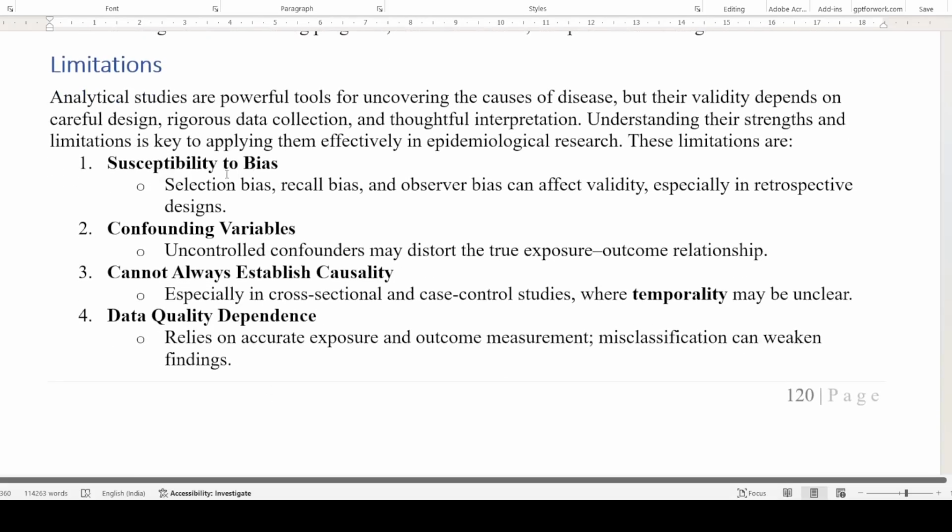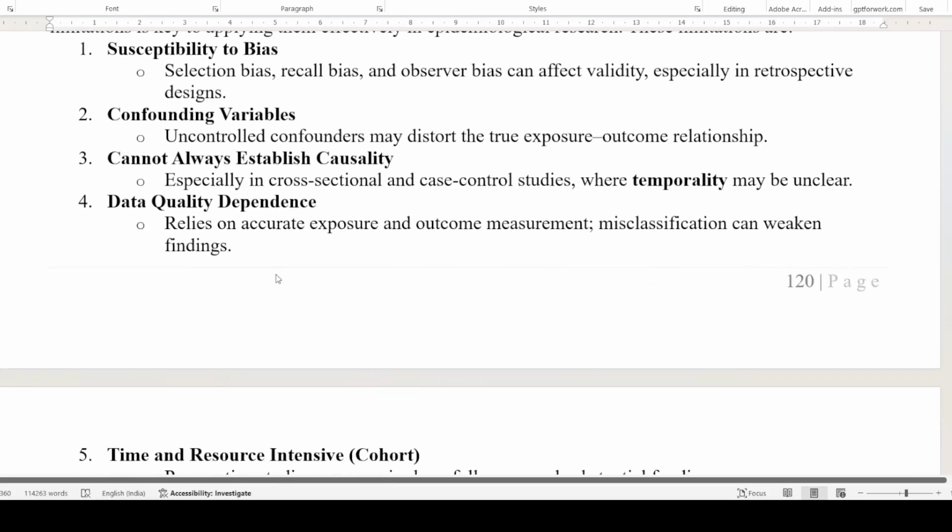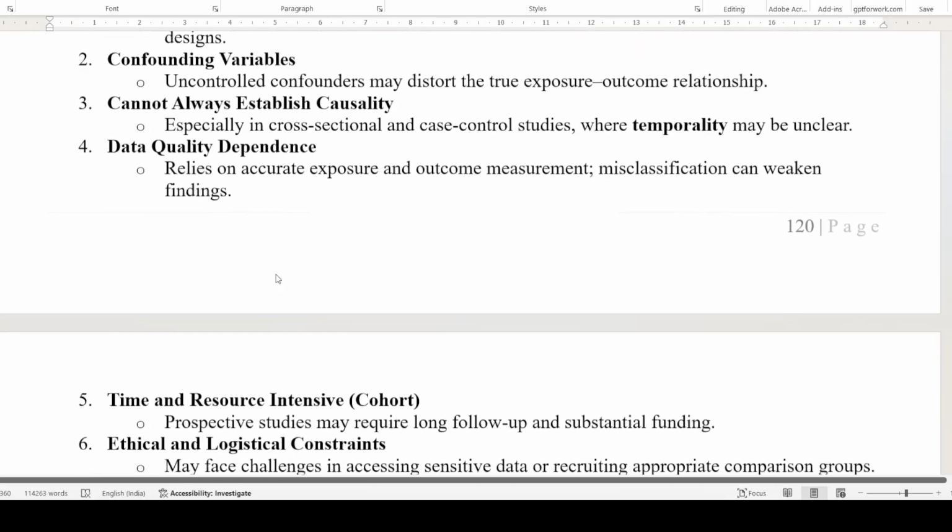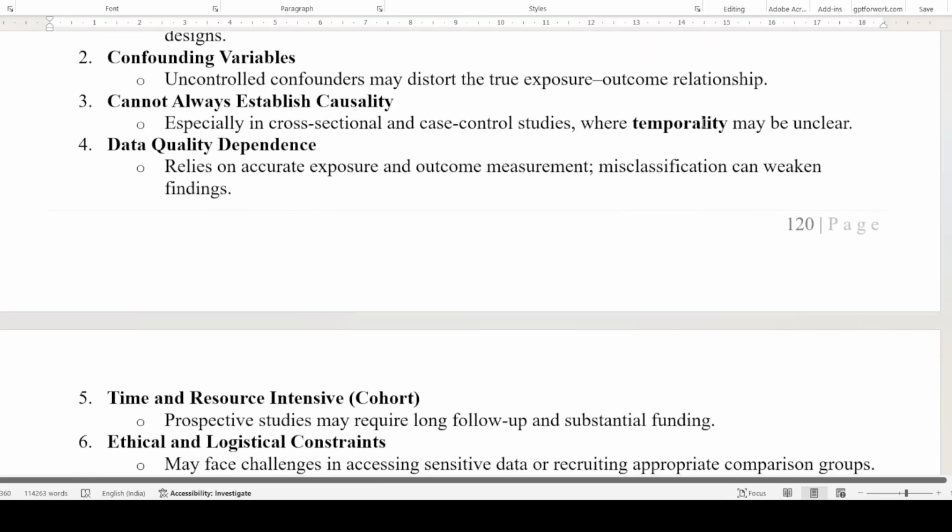Limitations include susceptibility to bias, meaning there can be selection bias and observation bias, and this can directly affect the validity of the results. It is also not always able to establish causality, because temporality is unclear. If we say the exposure is temporary and will give temporary outcomes, sometimes that is not always true.